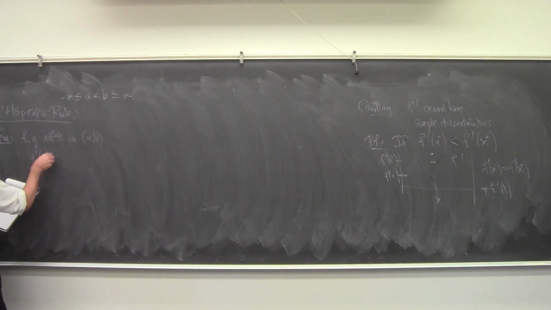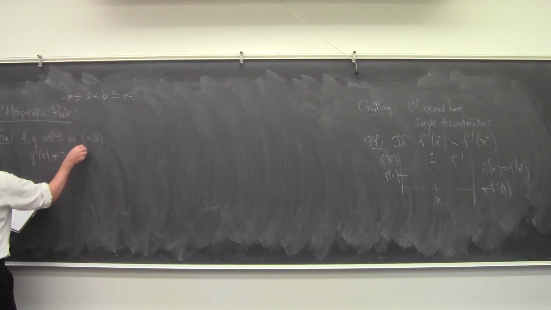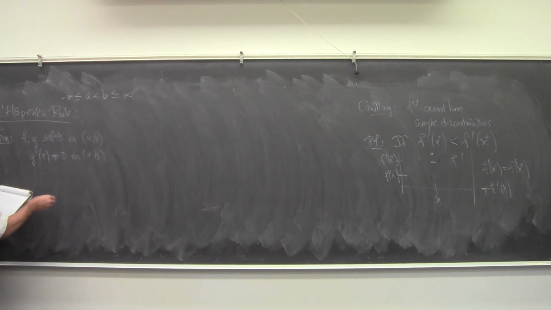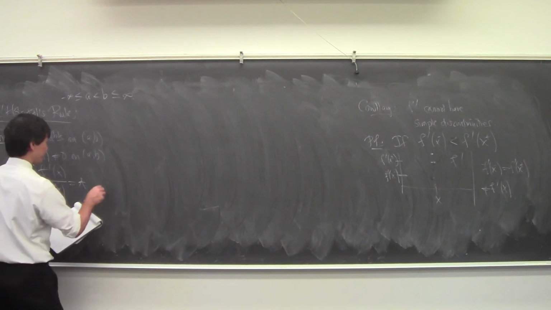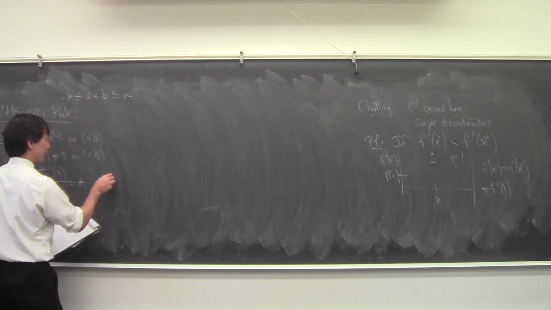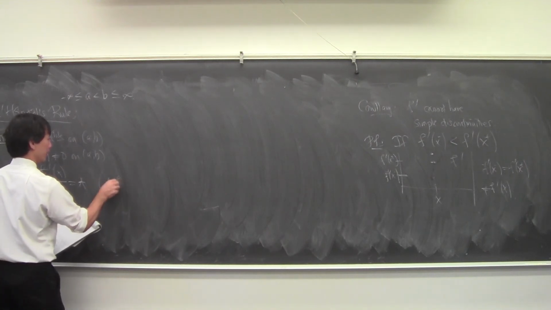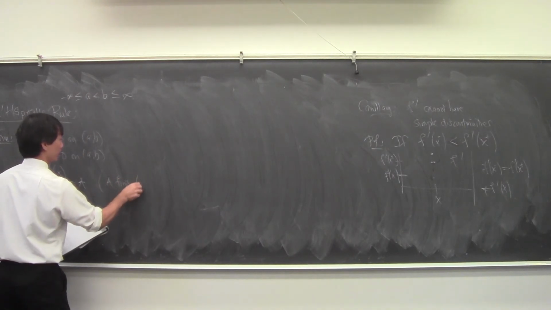Suppose you know that g prime of x is non-zero on that interval, and suppose you know that the limit of f prime over g prime is A as x approaches a. And A is allowed to be finite or infinite.